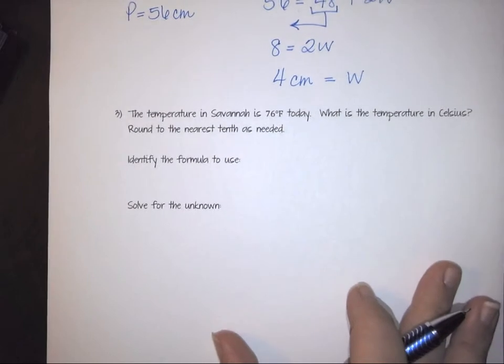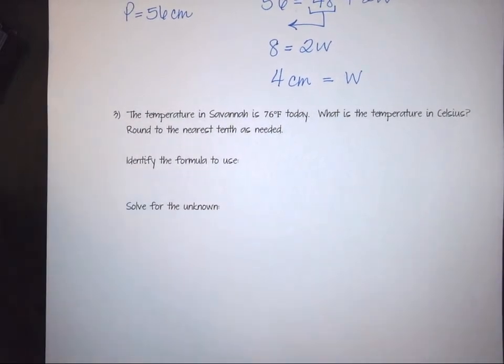Alright, so let's look at another one here. So here we have that the temperature in Savannah is going to be 76 degrees. And it says, what is the temperature in Celsius?